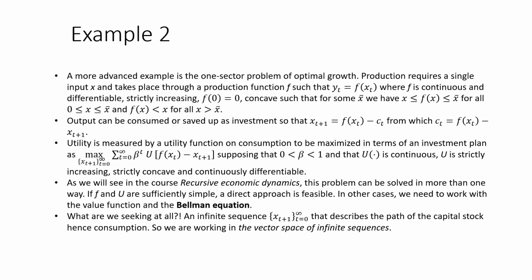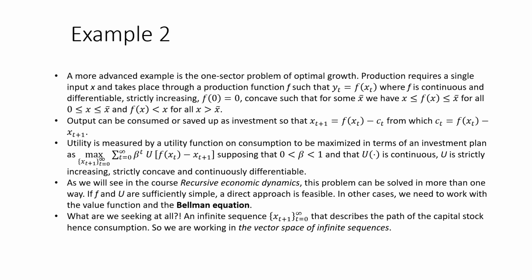So in any period, output can be consumed or invested. Production takes place according to a production function which has some basic characteristics, like it is strictly increasing, it is concave, and you can see there is a capital stock, X upper bar, which serves as the upper bound for production.